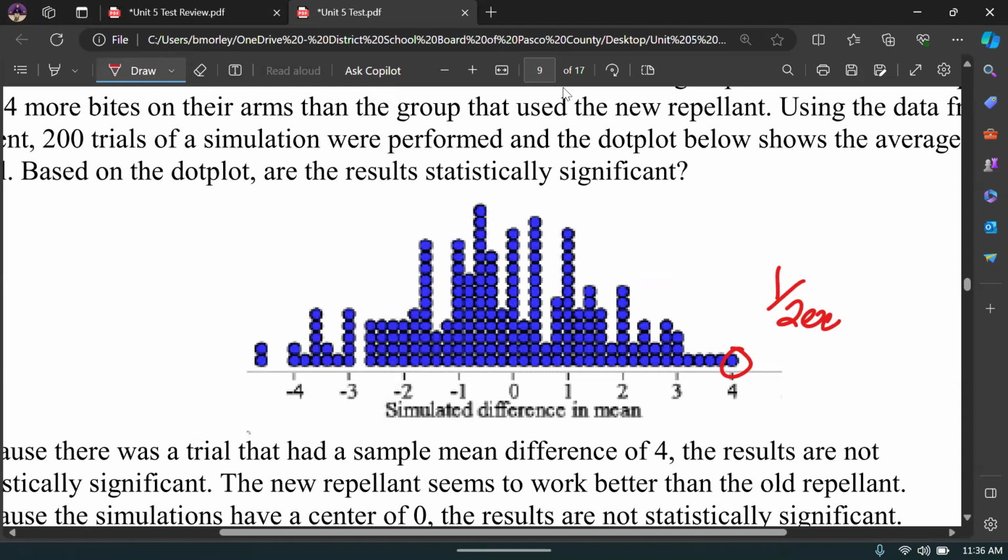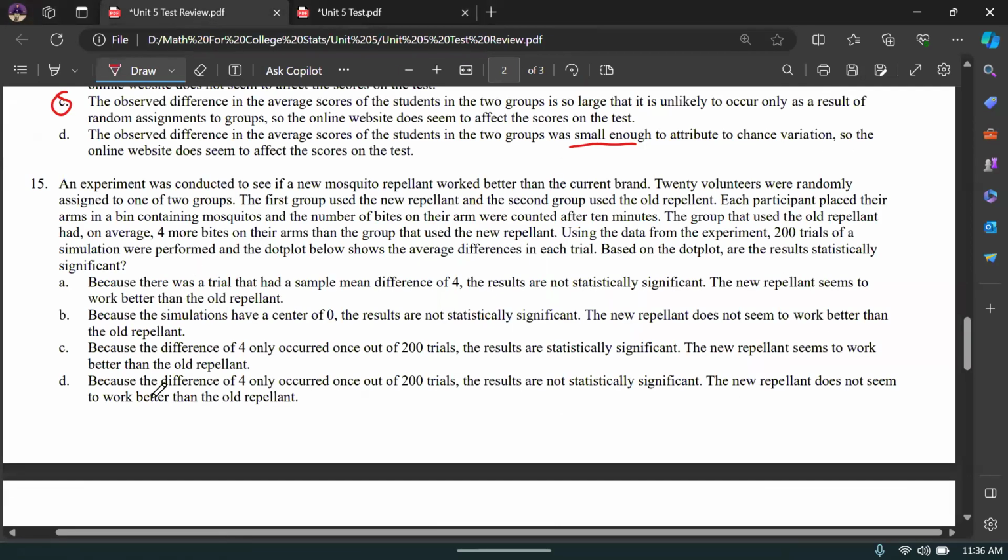So if you're reading your answer choices here, because the difference of 4 only occurred once out of 200 trials, the results are statistically significant. C is our correct answer.